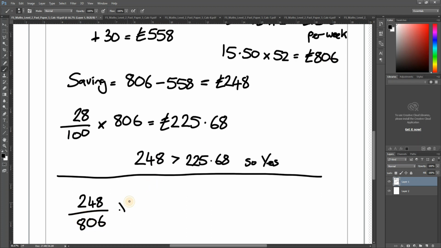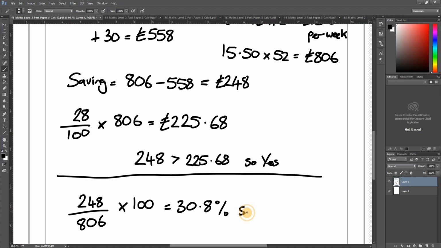Out of that, what is that as a percentage? You times by 100. So let's do 248 divided by 806 times by 100, and you get 30 point, let's call it 30.8%. So again, it's more than the 28%, isn't it?